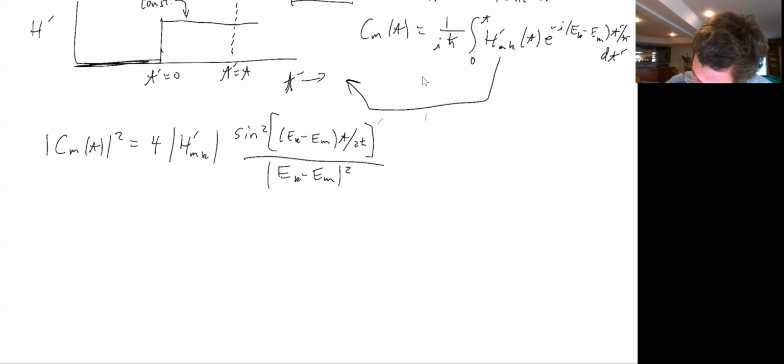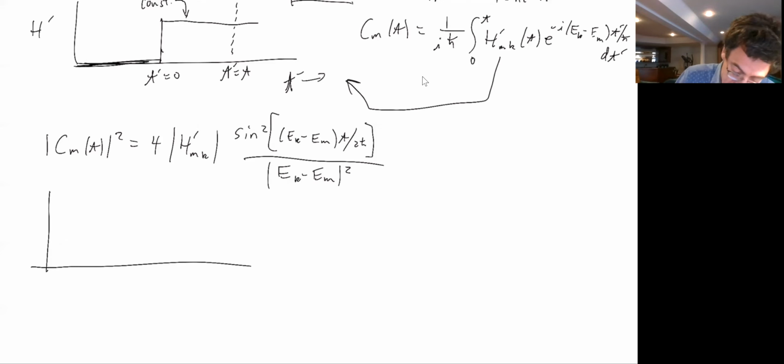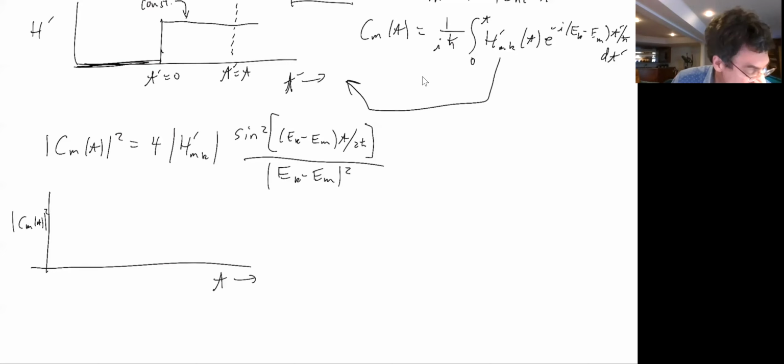And so then if we plot that as a function of time, then we see that it starts at 0, but then goes up and down and up and down.